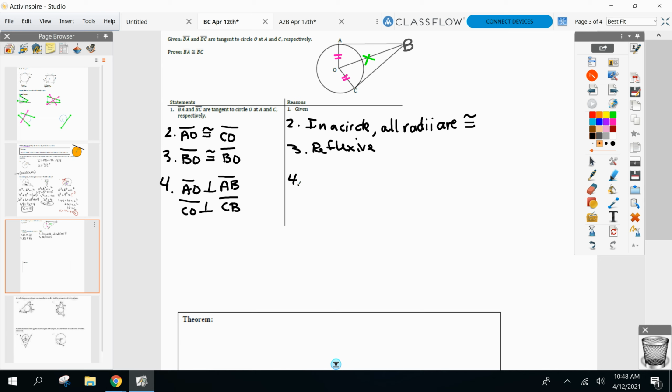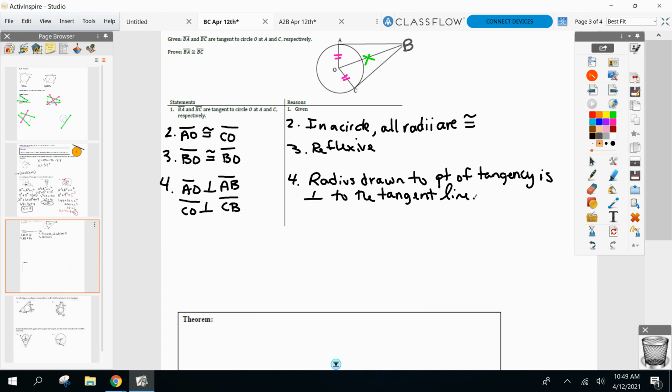And what's the theorem say? Radius drawn to, where's it got to be drawn to, the radius? The point of, not anywhere on the tangent. Radius drawn to point of tangency is perpendicular to the tangent. And I'll write line in there too.